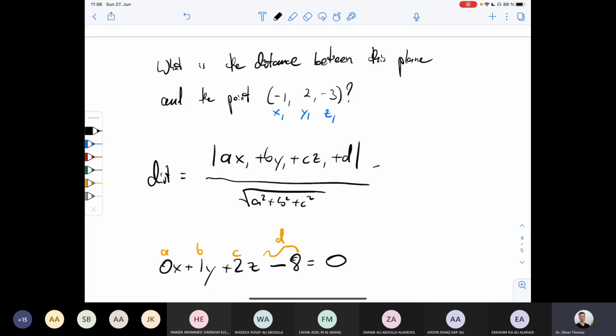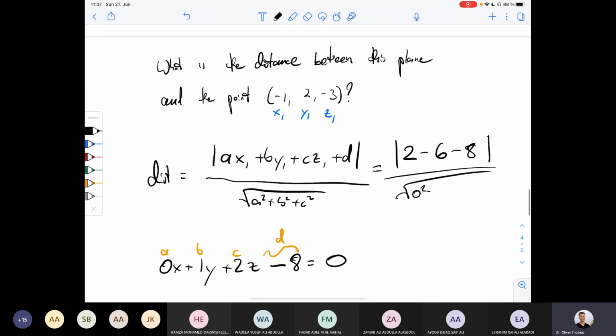So let's plug it all in. On the top, we have 0 times something is 0, then 1 times 2 is 2, then 2 times -3 is -6, and then we add D, which is -8. Then we divide the whole thing by the square root of a squared plus b squared plus c squared.